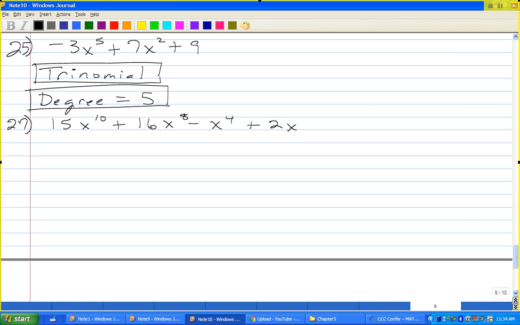Past 3 terms, we really don't give it any special name. So there's really no special name for this polynomial. It's just some type of polynomial with 4 terms. The degree of this polynomial is 10.